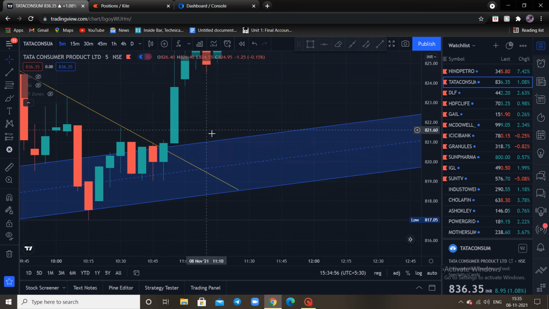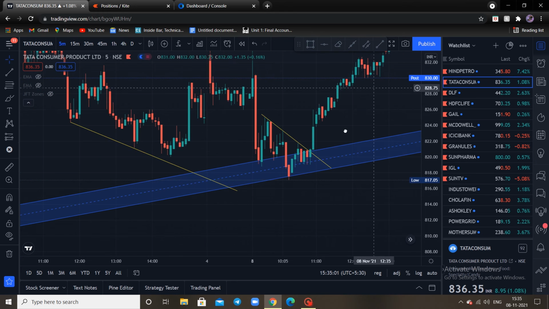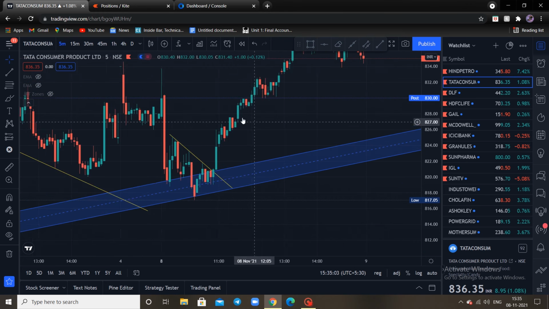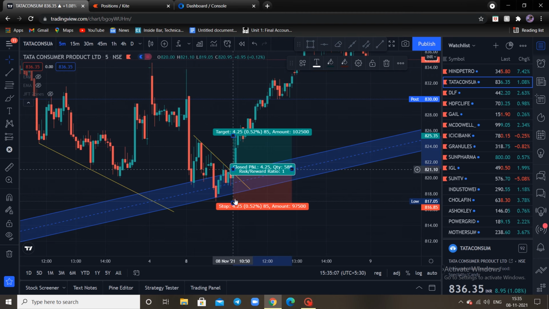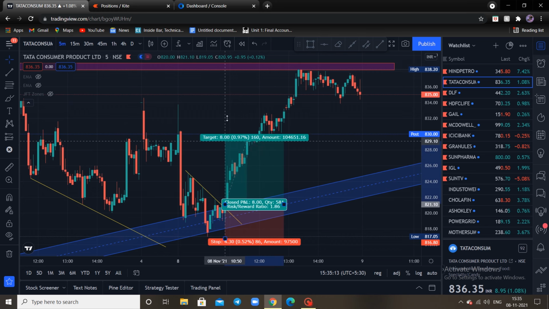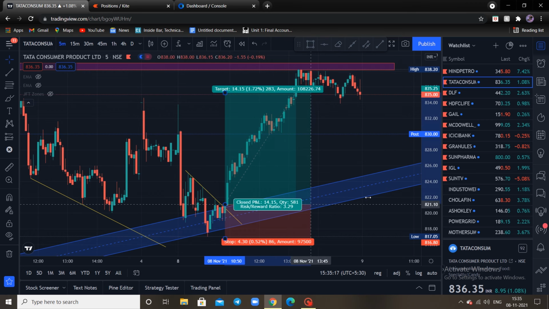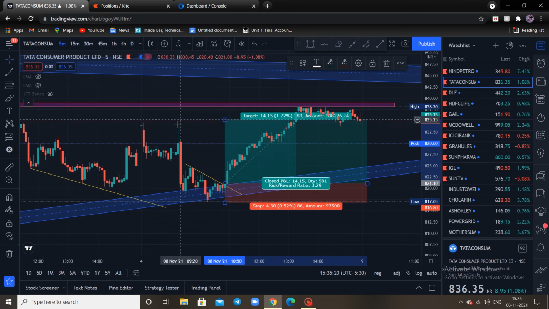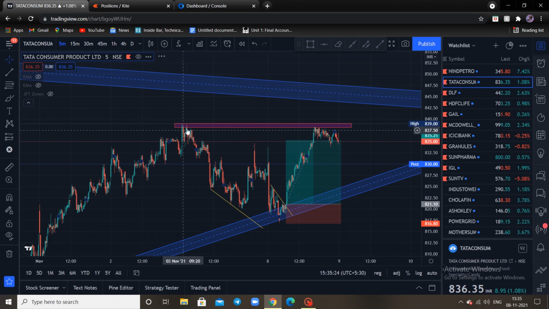So I took a trade, and it also gave a 1:3 risk reward ratio. The trade was here, stop loss was below this swing, and the target is at 1:3. Actually, I expected the target was here, but when I zoom out, I see a resistance here.